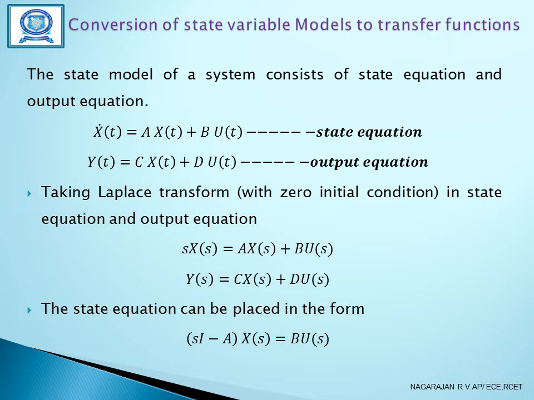Now we want to simplify the state equation. Taking X of s as a common term, the state equation can be placed in the form of (sI minus A) into X of s equal to B into U of s.